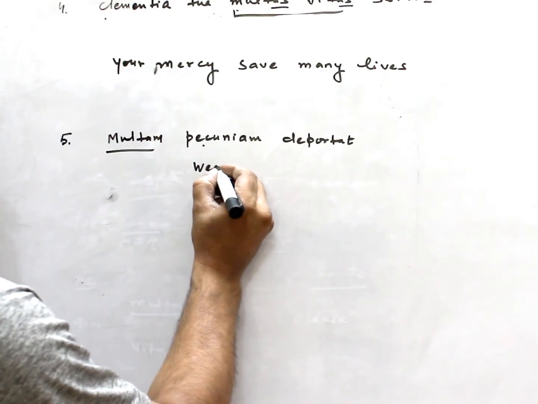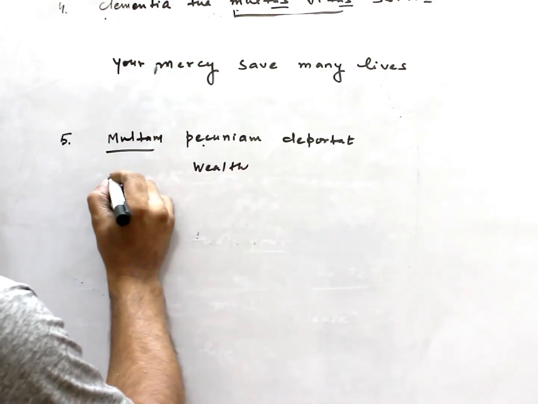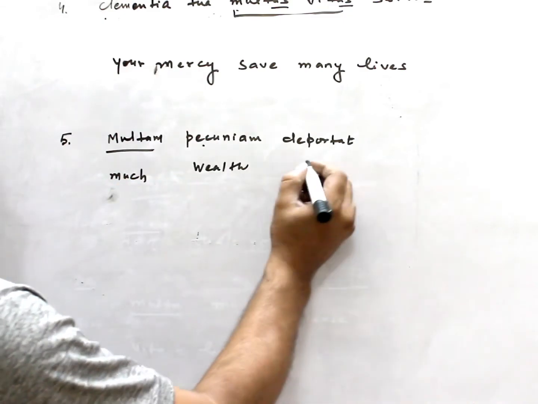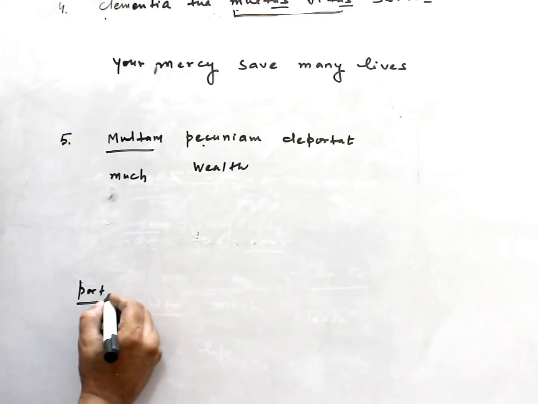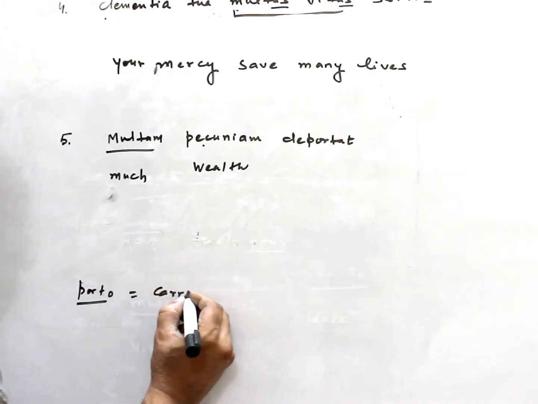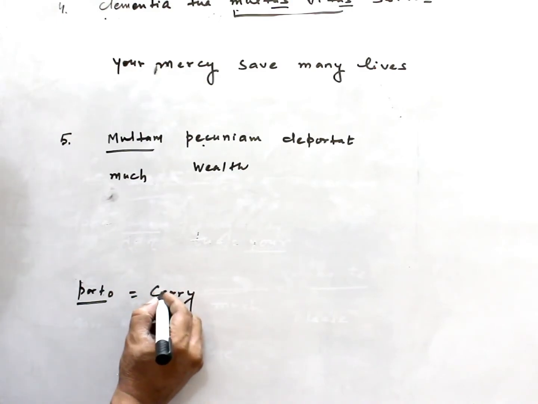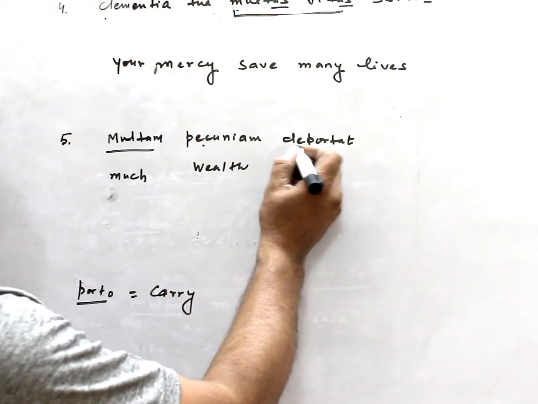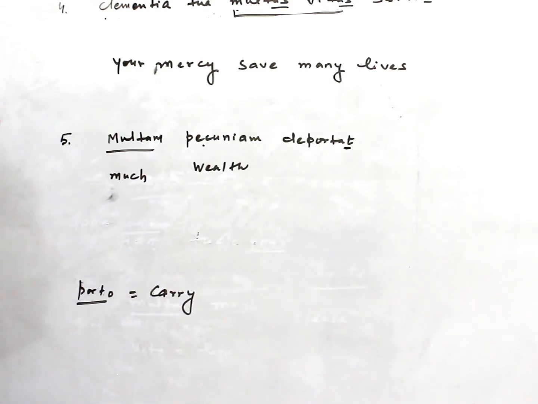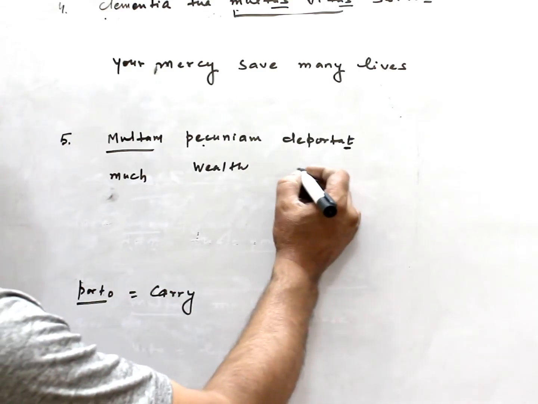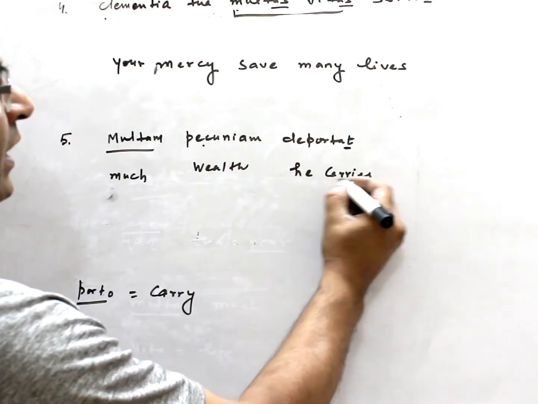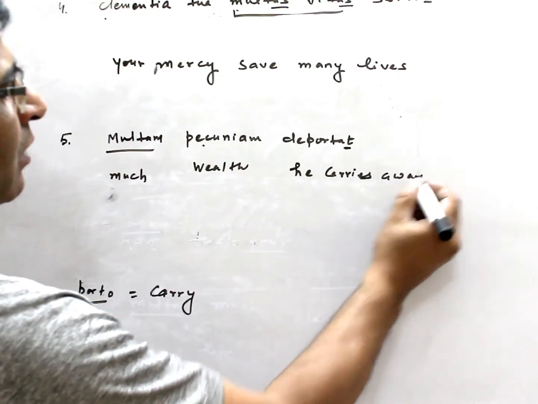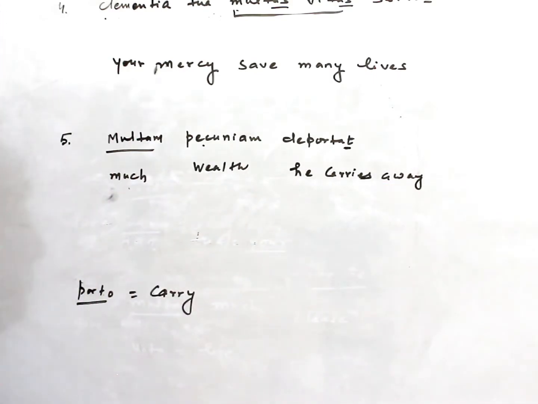Deporto means carry away. Porto means carry. So this T represents the third person, that means he carries away much wealth.